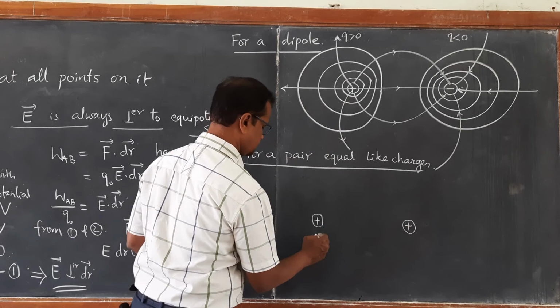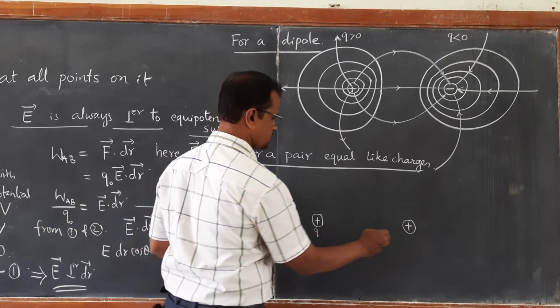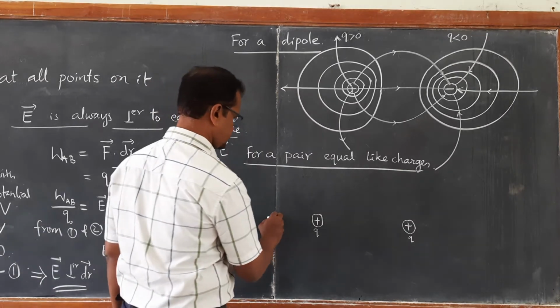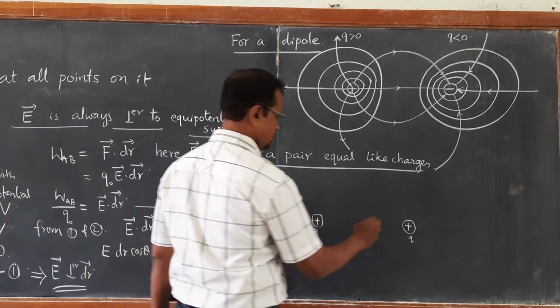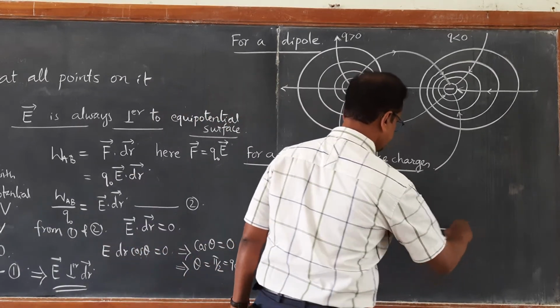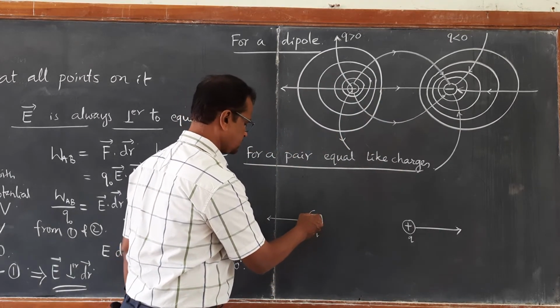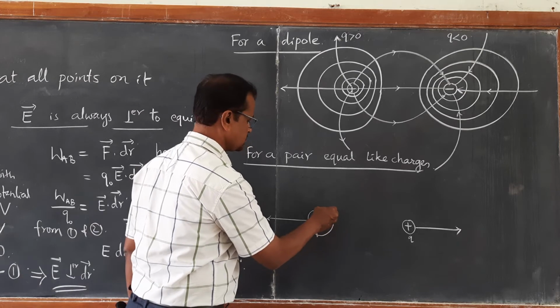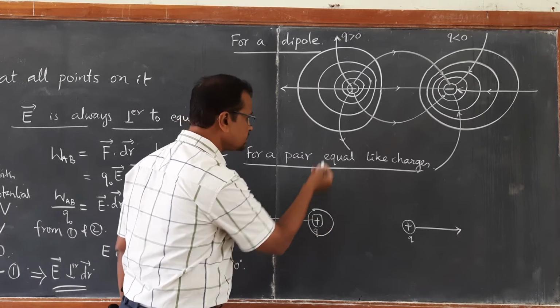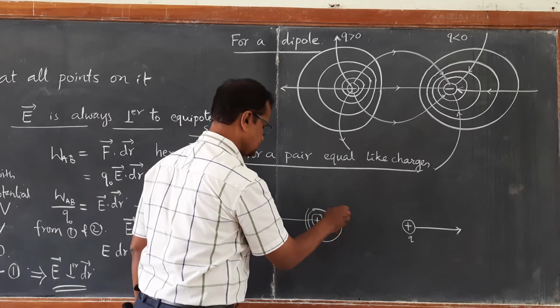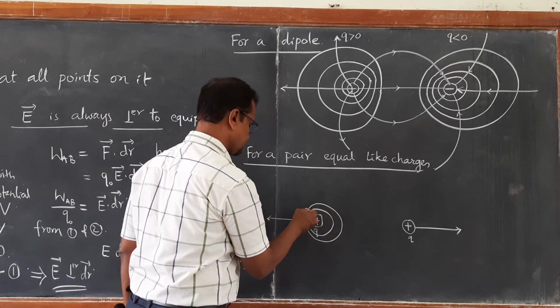If it is Q and this is also Q, positive charge, there will be a force of repulsion. So, if you draw the force of repulsion, you see it will be shown like this. So, it means you will find just the reverse. Reverse way.